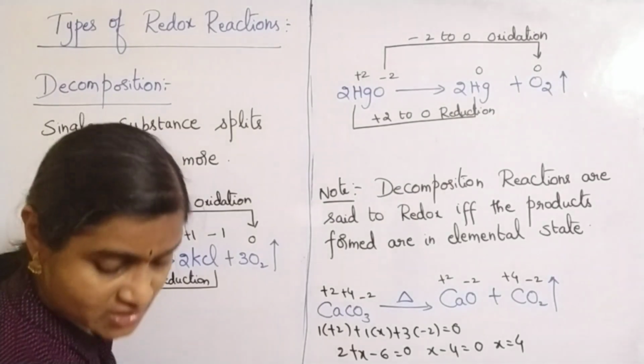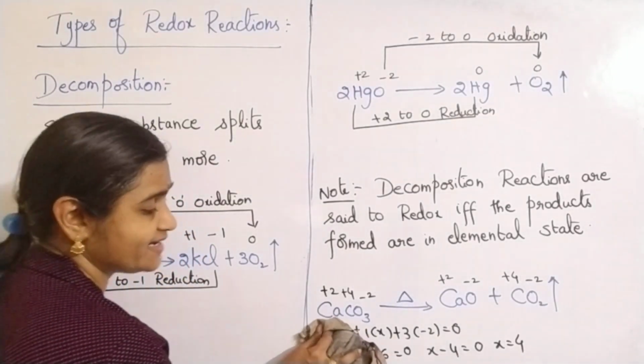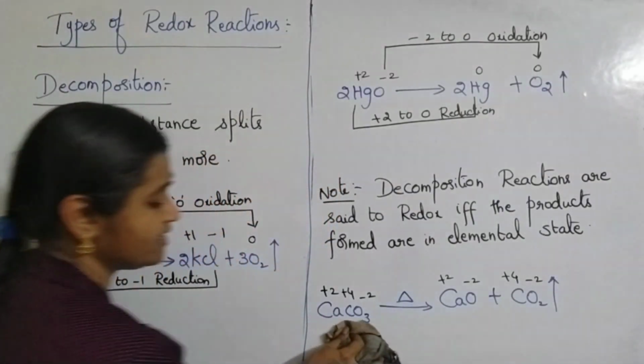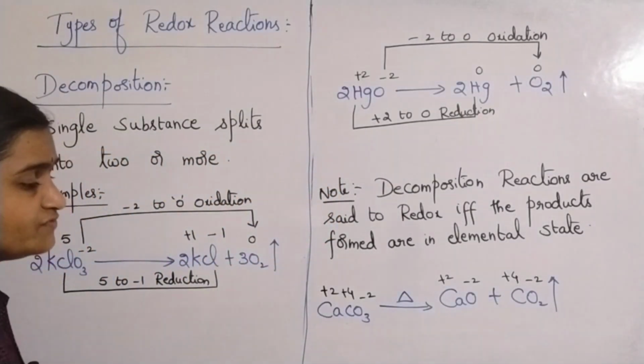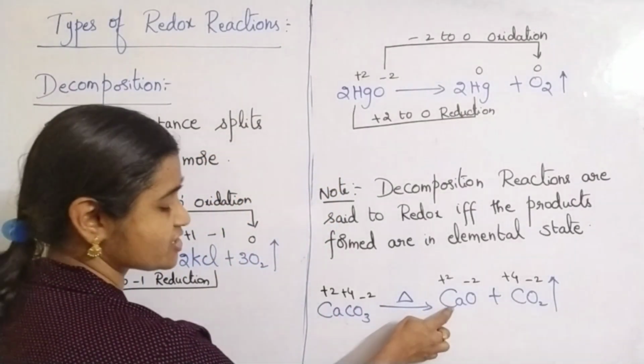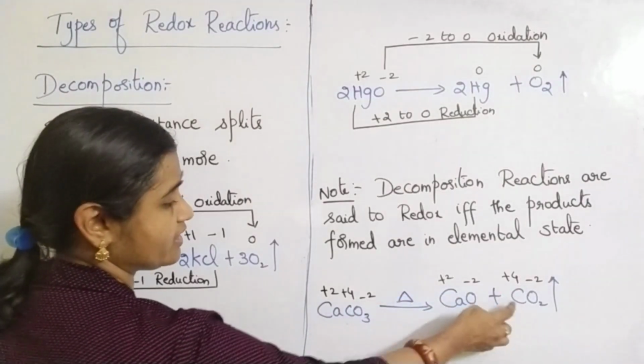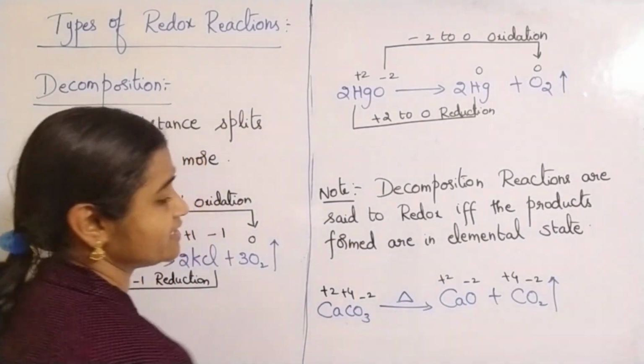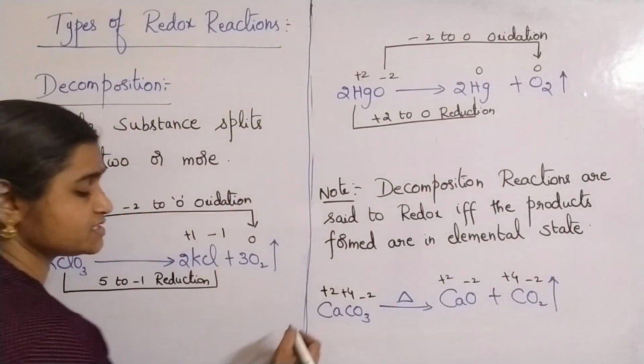Now you observe the change in oxidation number from reactant side to product side. Calcium is plus 2, calcium here also plus 2. Carbon plus 4, here also plus 4. Oxygen minus 2, here also oxygen minus 2. That means there is no change in oxidation number.